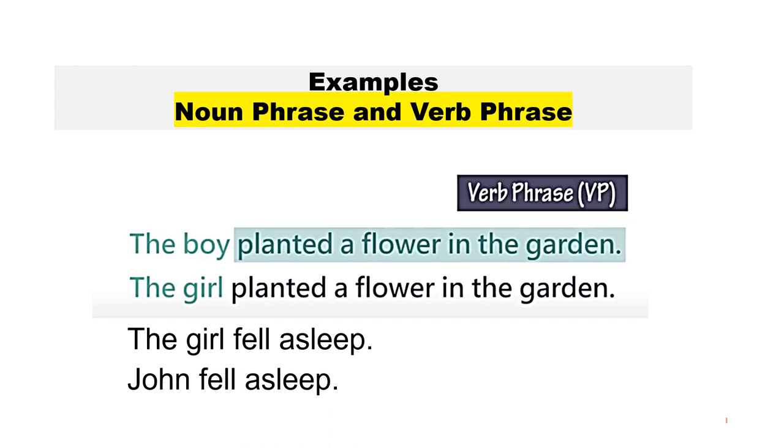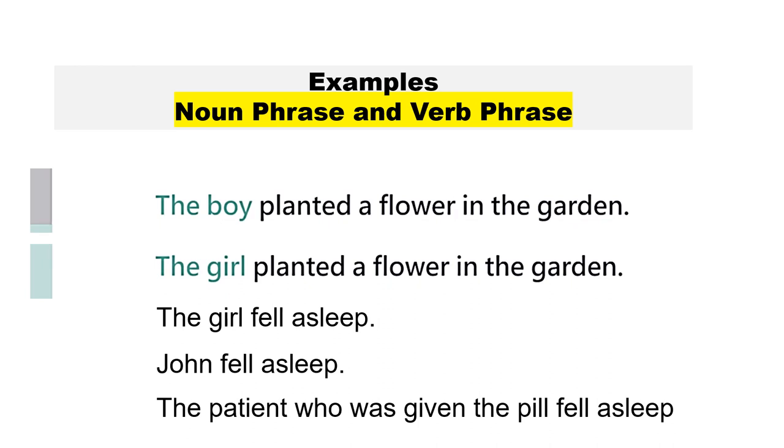John fell asleep, which is still grammatical. The patient who was given the pill fell asleep. So this whole thing is a noun phrase. Technically, all these noun phrases can replace each other.